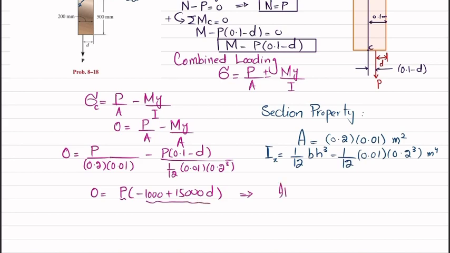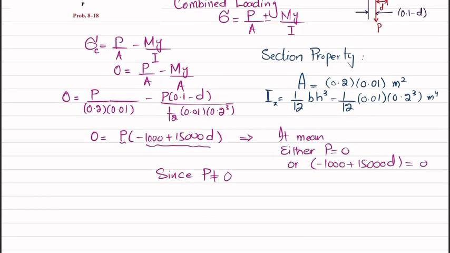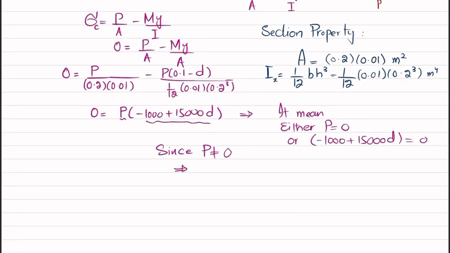It means either P is equal to 0 or minus 1000 plus 15,000 into d is equal to 0. Since P is not equal to 0 because P load is applied, clear, therefore minus 1000 plus 15,000 into d is equal to 0.